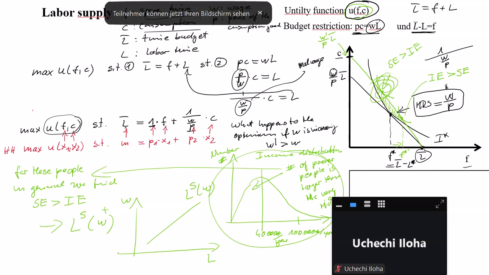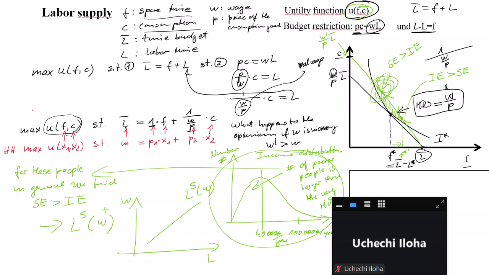Now we have two restrictions, which in the second step have been consolidated: we want to have spare time and we want to consume, but when we consume, we have to work in order to earn some money.